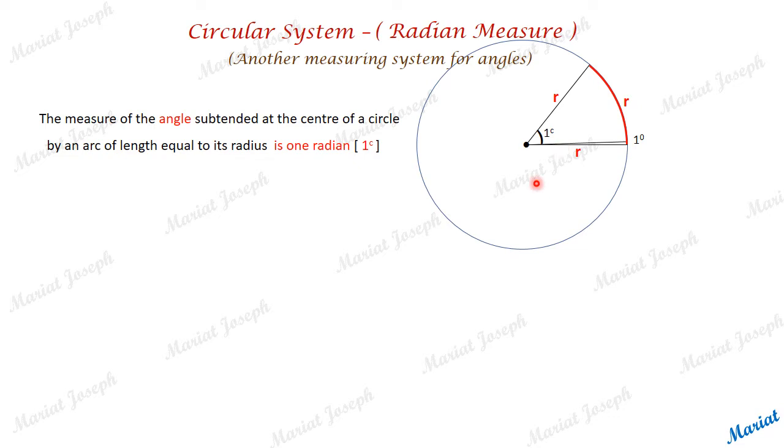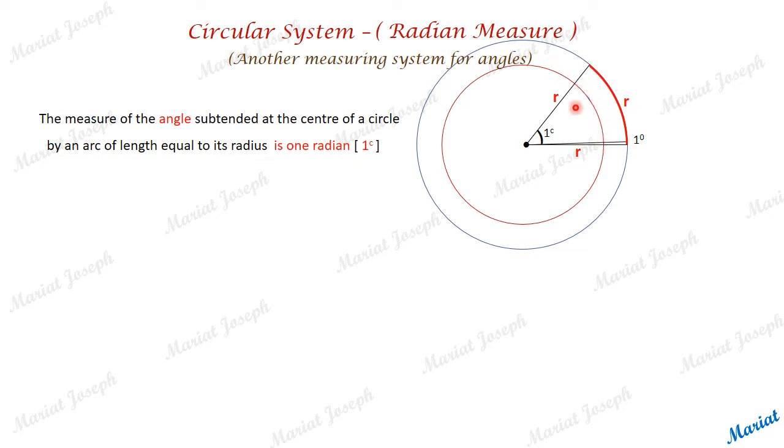Now, let us see, does it depend on the size of the circle that we have taken? Let us check. I am going to take a smaller circle. The radius is smaller. So, the arc length that I should take also will be smaller. This much radius only should be the length of the arc.